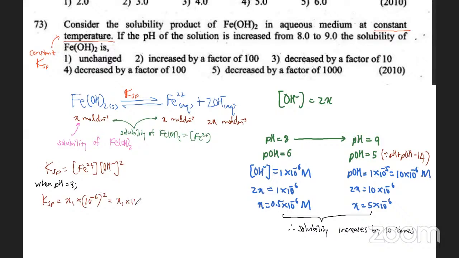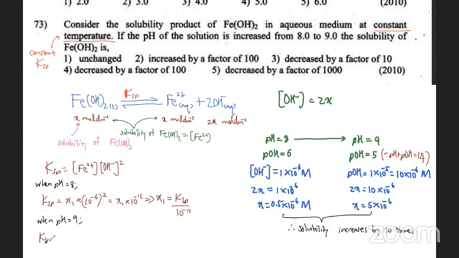x1 into 10 to the power minus 12. So x1 is equal to Ksp divided by 10 to the power minus 12. Okay, and the other scenario, when pH is equal to 9, what is going to be Ksp?